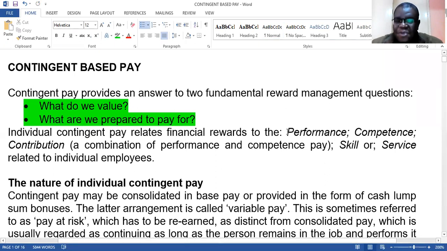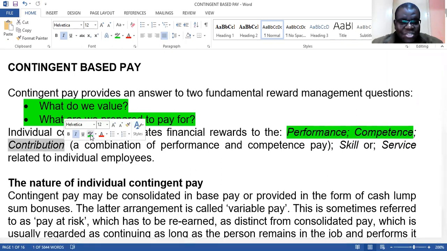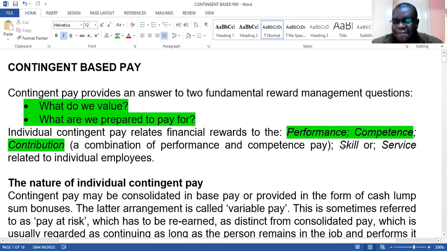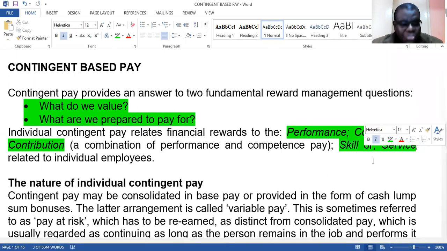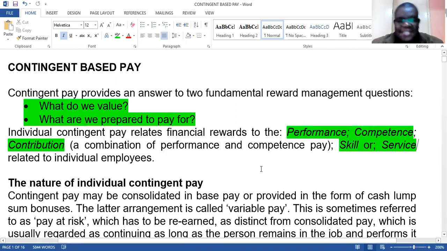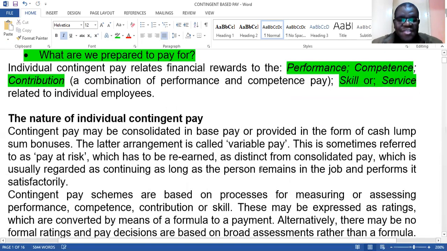So when we talk contingent-based pay, we are looking at other aspects of remuneration that are contingent on either performance, skill, competence, contributions, or length of service that the employee has had with the organization.